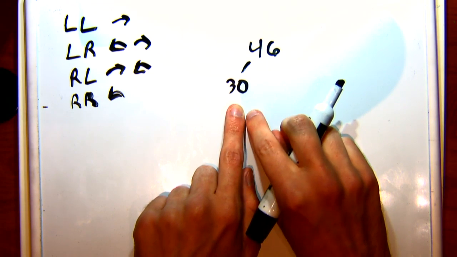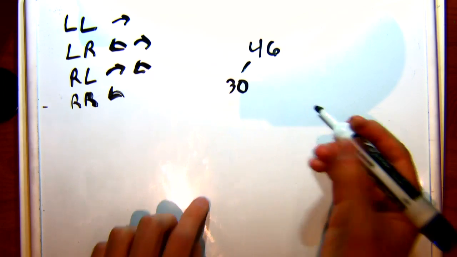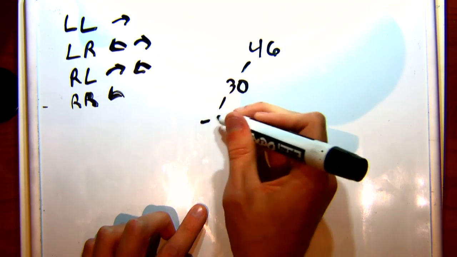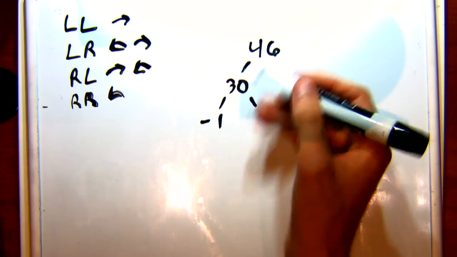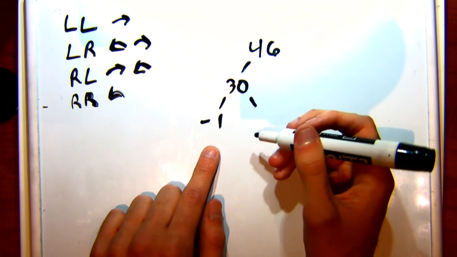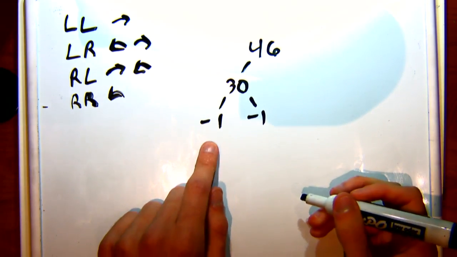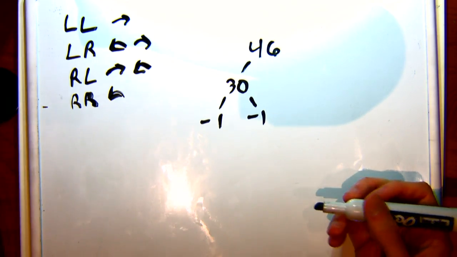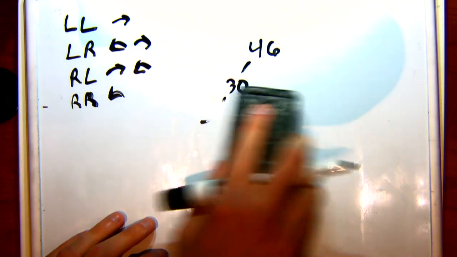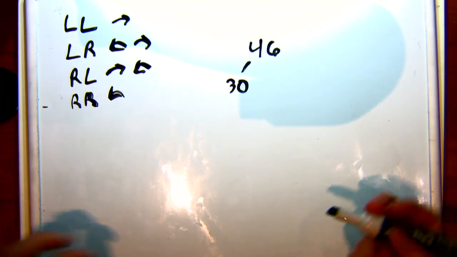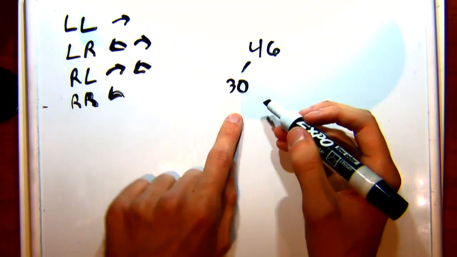So we'd start at the 30, we'd look at its balance factor, which the height of an empty node is -1. And so we would do -1 minus -1, which is just 0. The balance factor of a leaf node is always 0. So the balance factor here is 0.